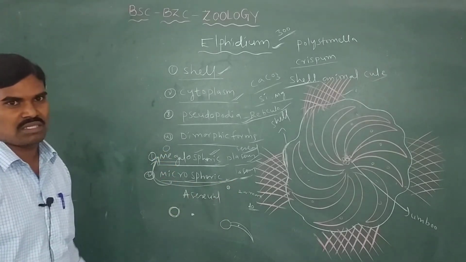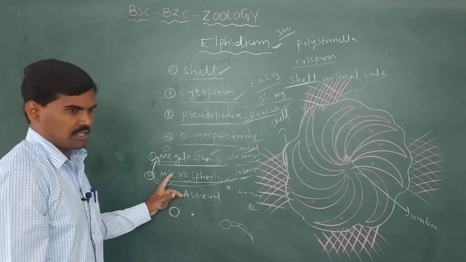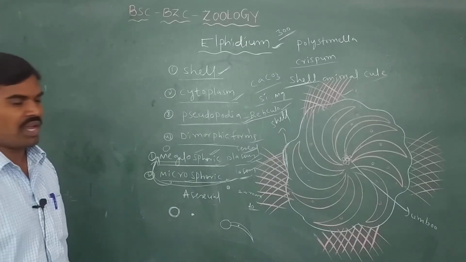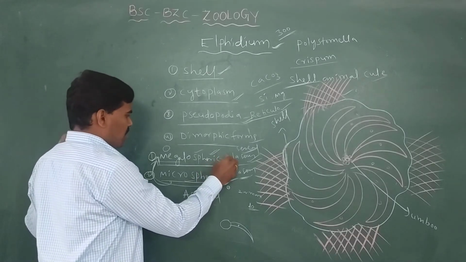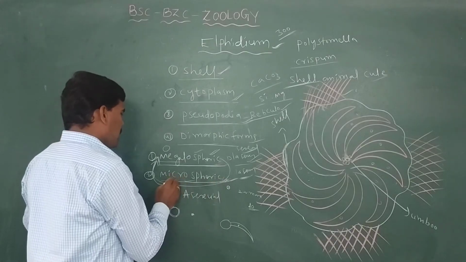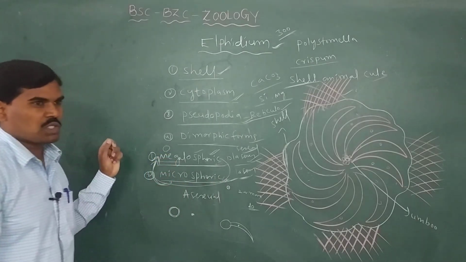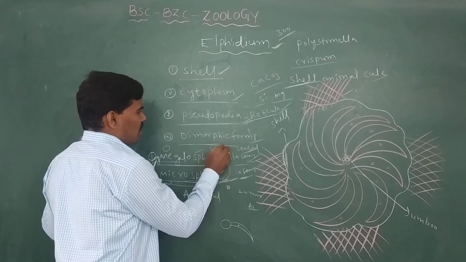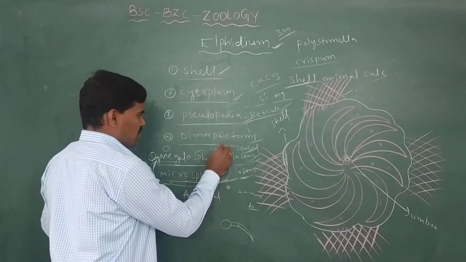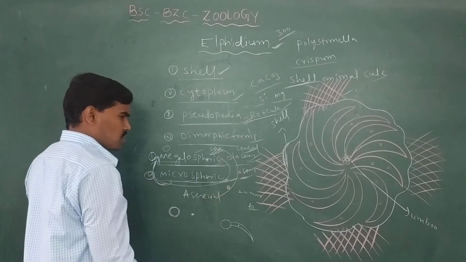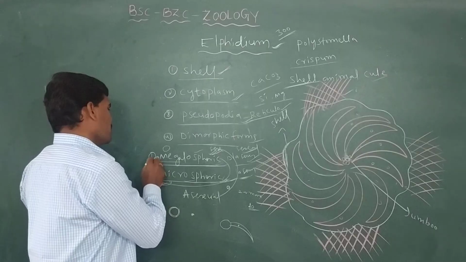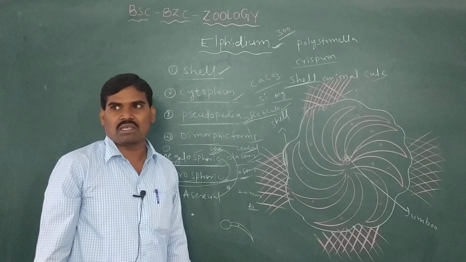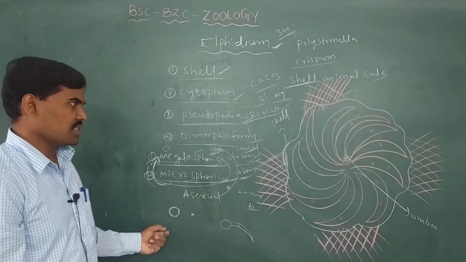This type of life cycle is called alternation of generations, in the life cycle of Elphidium. That is why this type of life cycle is called alternation of generations.